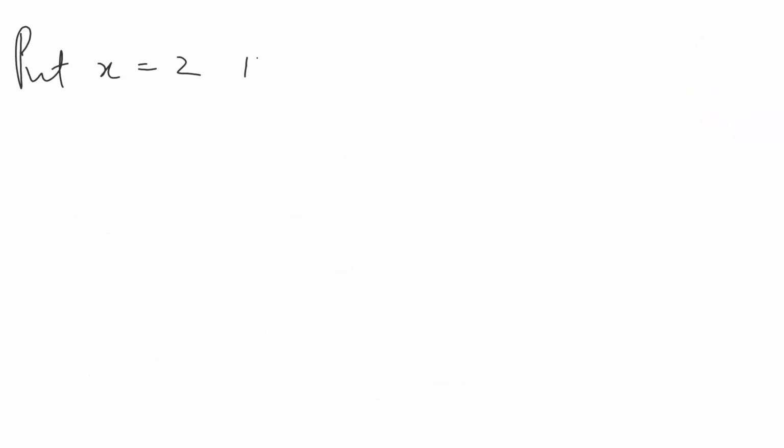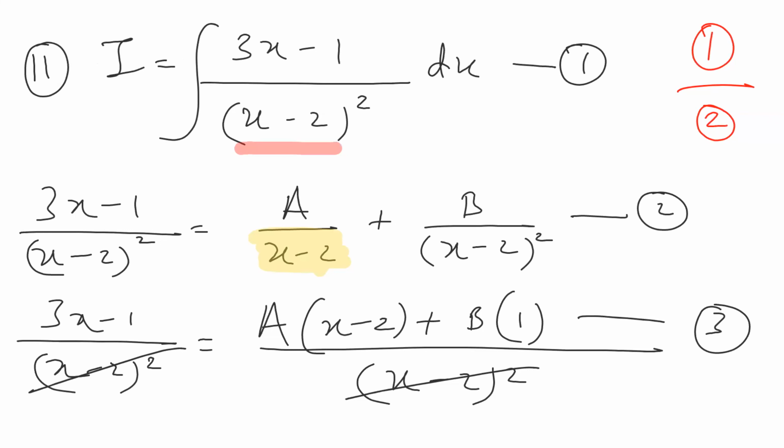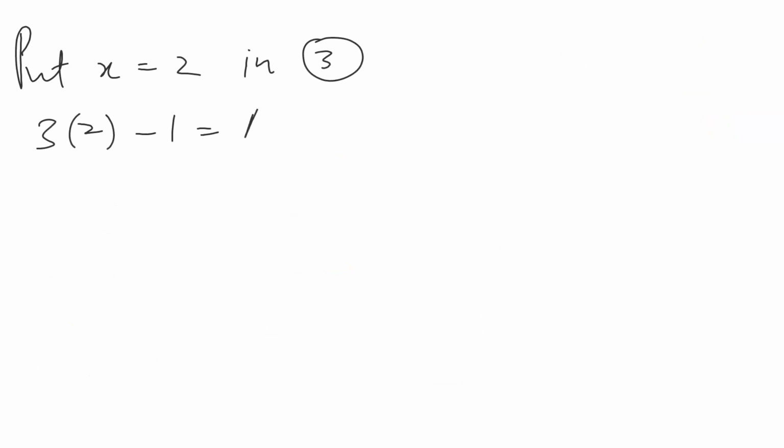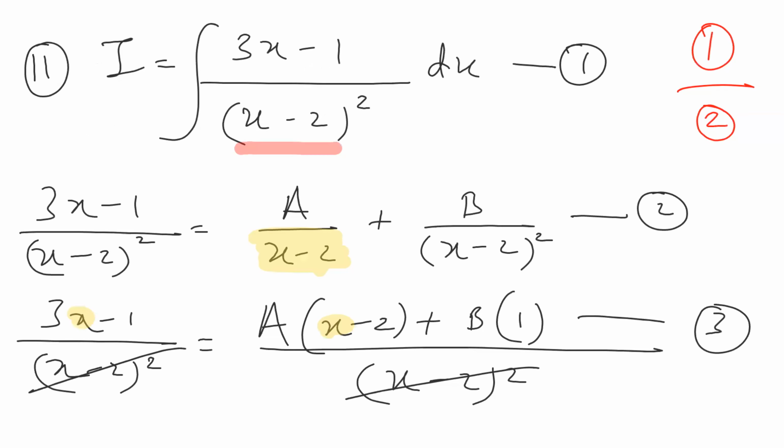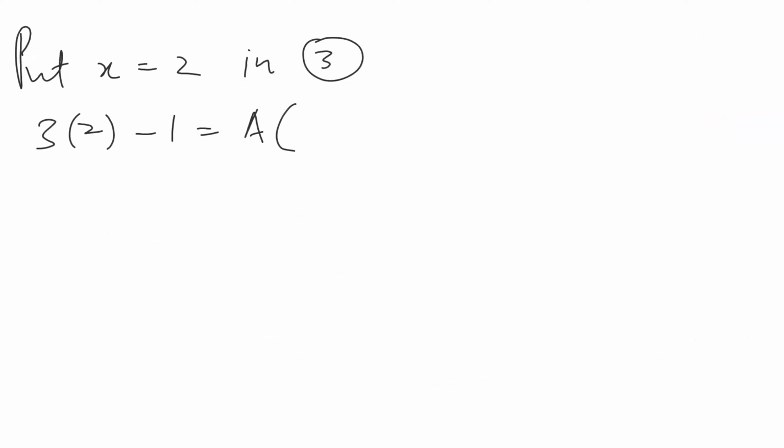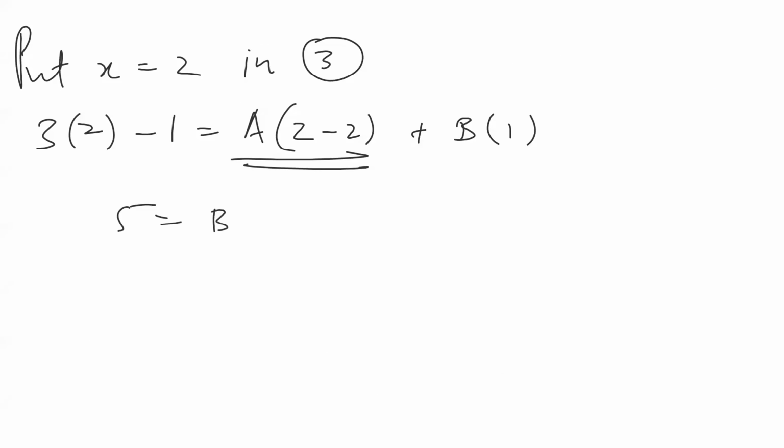So wherever there is x, put the value of x as 2. 3 into 2 minus 1 equals a into 2 minus 2 plus b into 1. A will get eliminated. So 5 is equal to b. B is equal to 5. We got the value of b as 5.